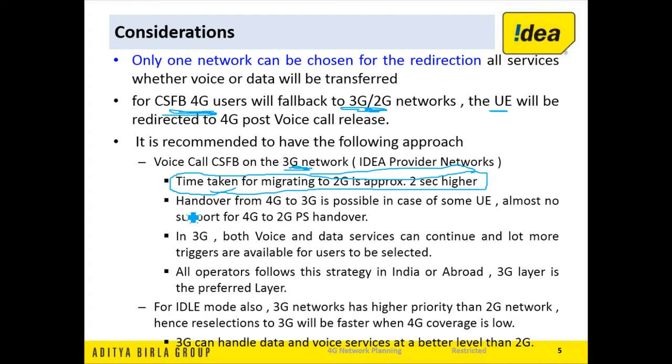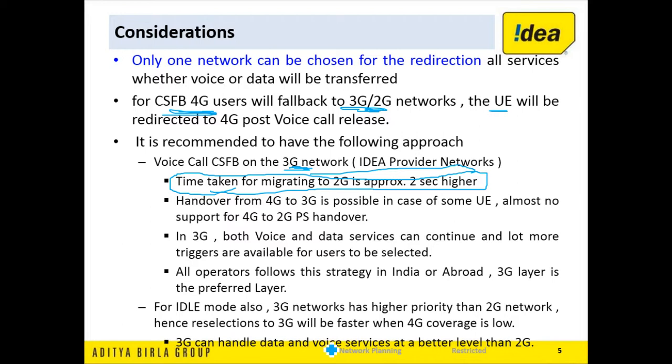Another important thing we should consider is that now there are UEs which are available and coming in the market, which can do PS handover from a 4G network to a 3G network and from 3G network to 4G network. There are almost no UEs or very fraction of a UE which can do 4G to 2G handover or 2G to 4G handover.